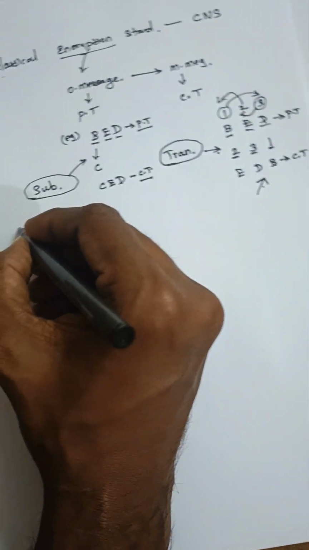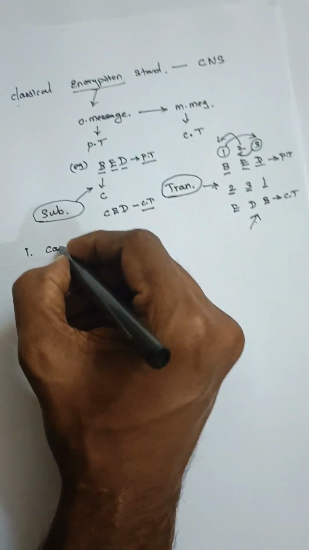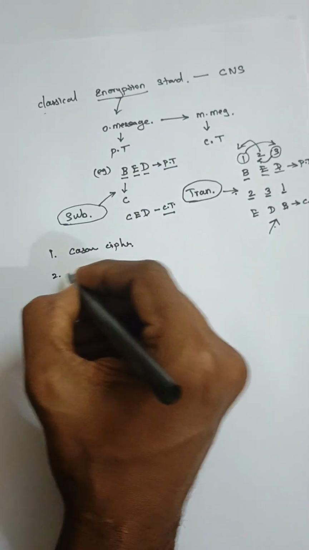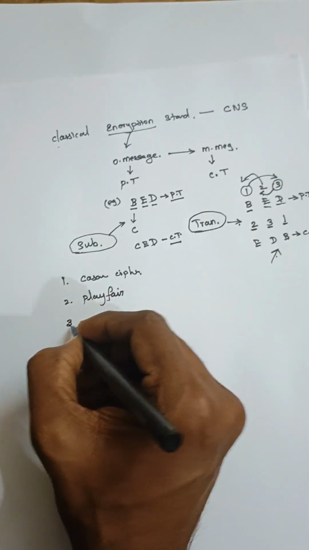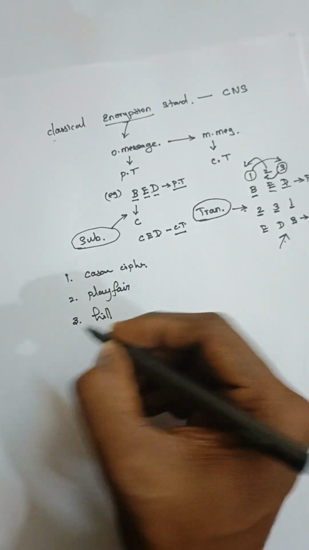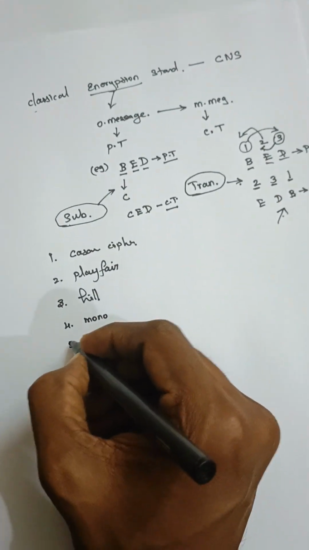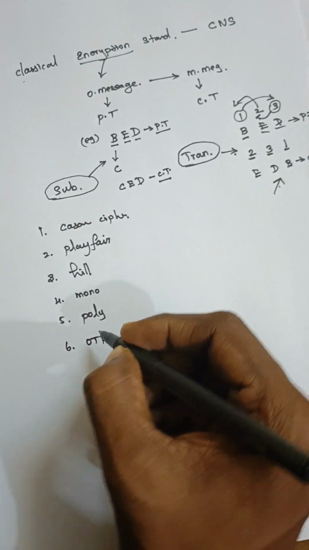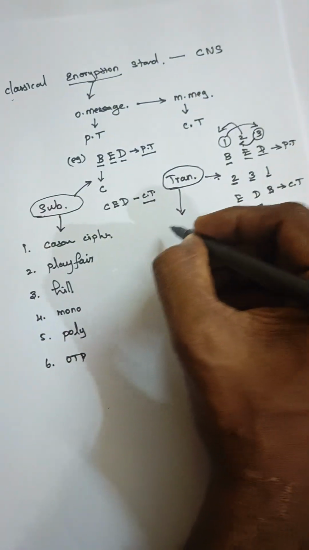Okay, in substitution we have six categories. One is Caesar cipher, second one is Playfair cipher, third one is Hill cipher, fourth one is monoalphabetic cipher, fifth one is polyalphabetic cipher, sixth one is one-time pad. In the same way, transposition has two types.